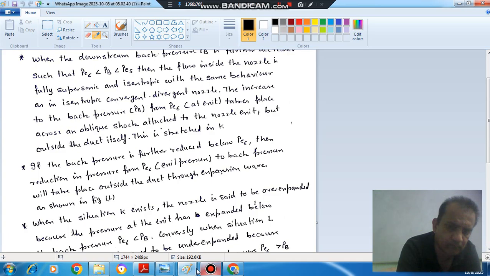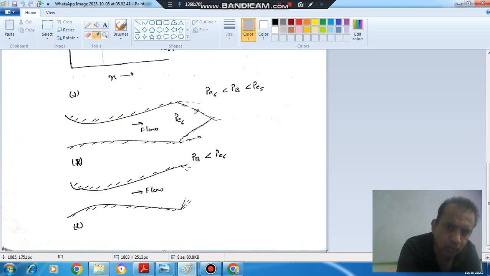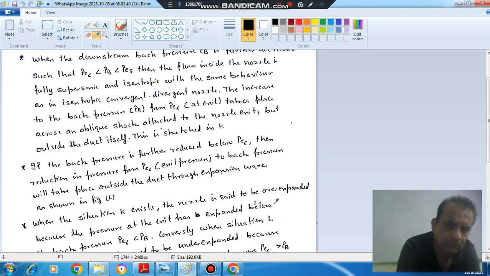So here, due to oblique shock, the pressure will increase from P6 to PB, and here due to expansion wave, the pressure will decrease from P6 to PB. If the back pressure is further reduced below P6, then reduction in pressure from P6 to back pressure will take place outside the nozzle through expansion wave, as shown in figure L.